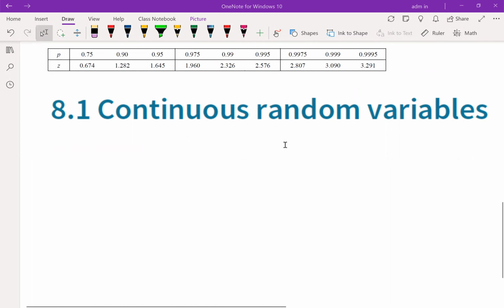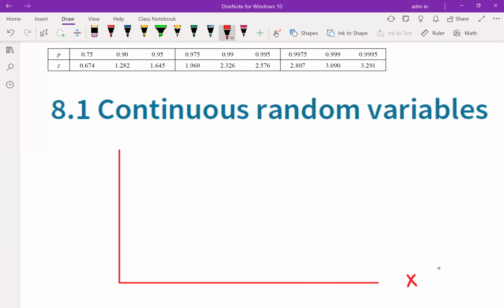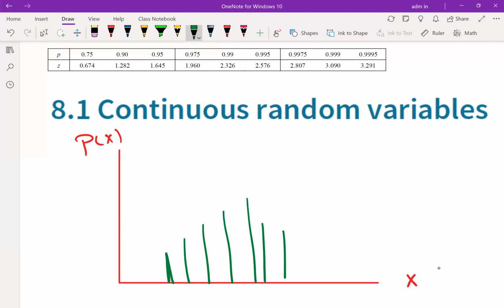In general, if you represent the discrete random variable graphically, x horizontally and P(x) vertically, and draw it as column bars like this, in general you will find it looks like this.